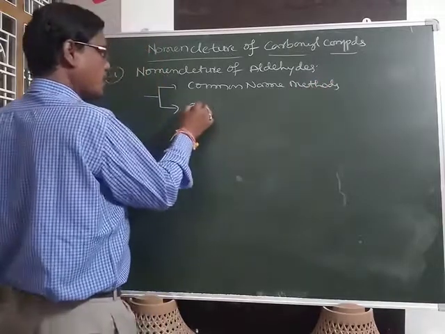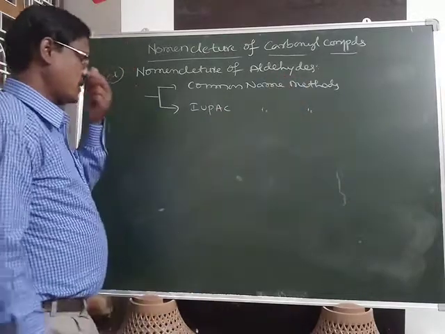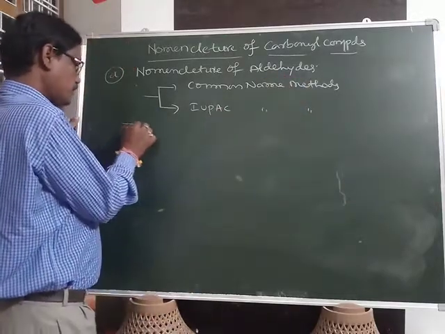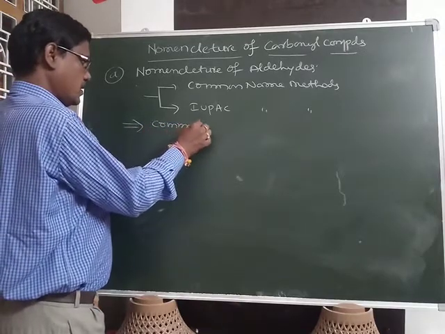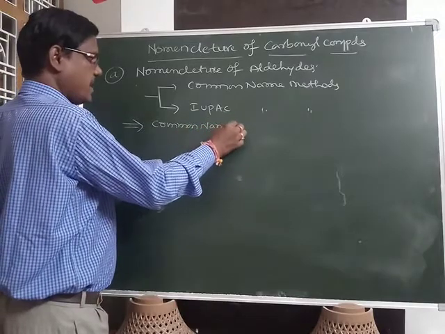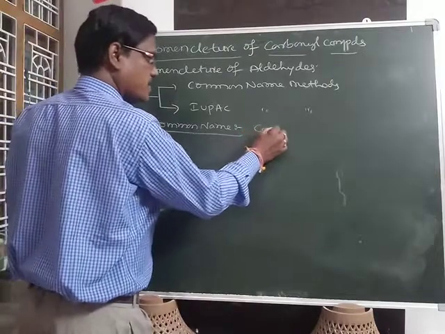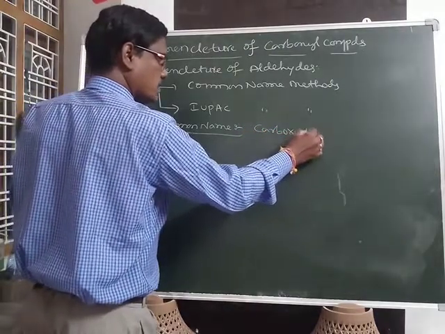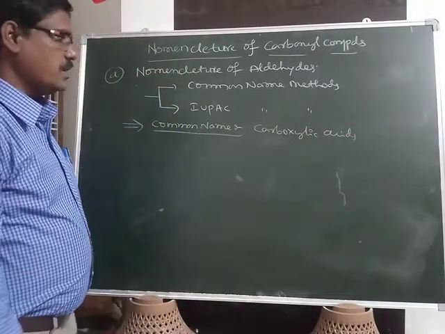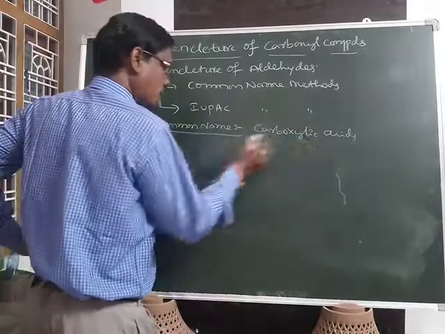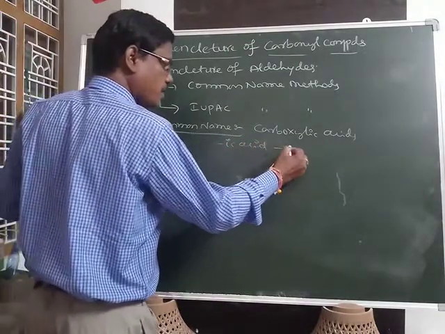Second one is the IUPAC name method. In the common name of aldehydes, the name is given from carboxylic acids. In the carboxylic acid name, the ic acid is replaced by aldehyde.